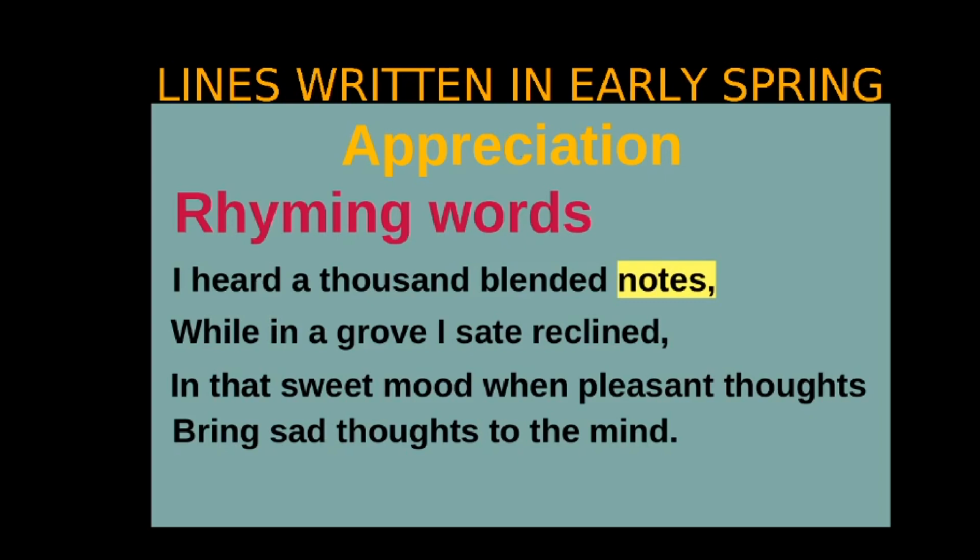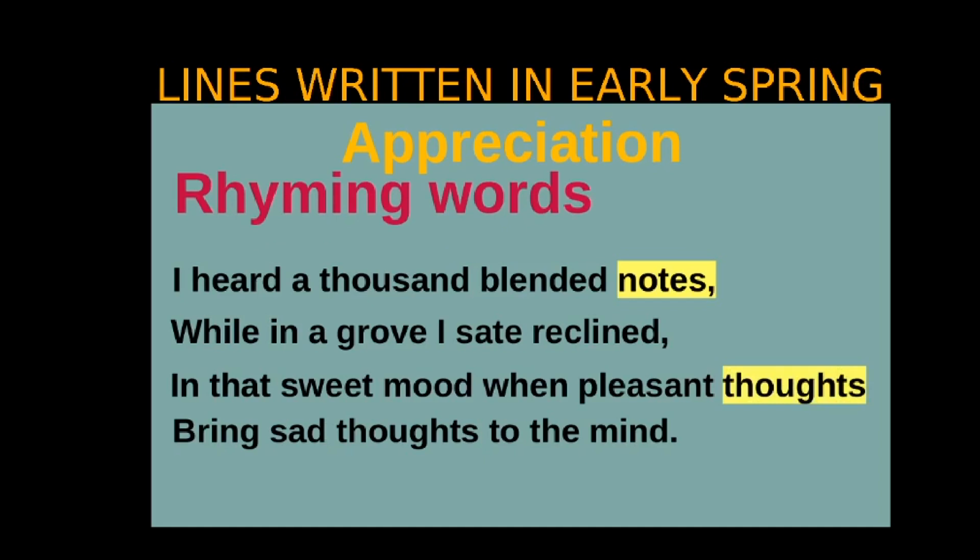Now what you have to do is, you have to find out whether that S sound is repeated anywhere in that stanza. Yes, it's repeated in the 3rd line, right? Thoughts. So you have notes and you have thoughts. And the rhyming word here is notes, thoughts.